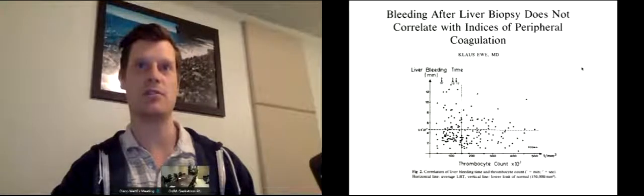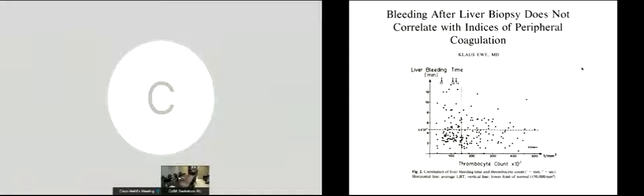This chart shows, again, no correlation between liver bleeding time and platelet count, despite a wide range of platelet counts. The authors concluded that there was no correlation or statistical significance between liver bleeding time and any of the indices of coagulation or severity of underlying liver disease.